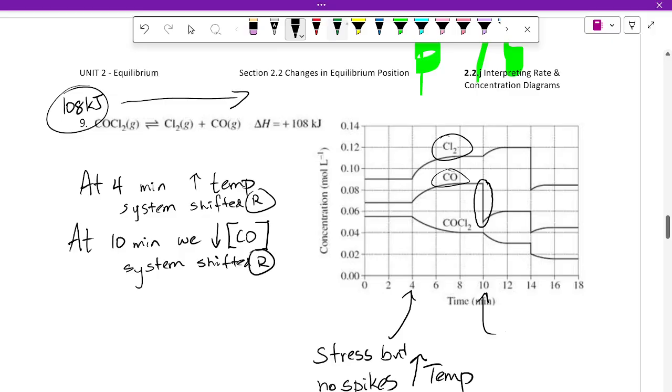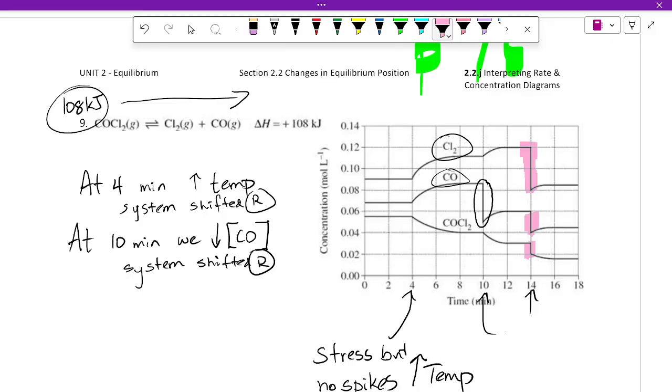And then our next change was at 14 minutes. At 14 minutes, all 3 concentrations went down. What could cause all 3 concentrations to go down? Pressure, volume.